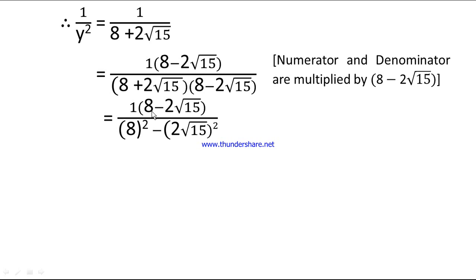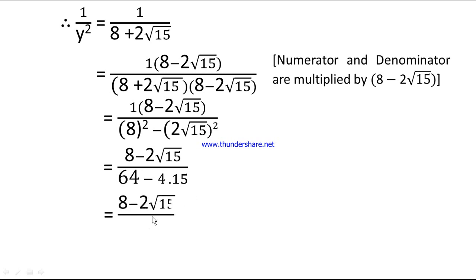So the next line will be 1 into 8 minus 2 root 15 by 8 square minus 2 root 15 whole square, which is equal to 8 minus 2 root 15. 8 square is equal to 64, and here 2 square is equal to 4, and root 15 square is equal to 15. Here 4 into 15.